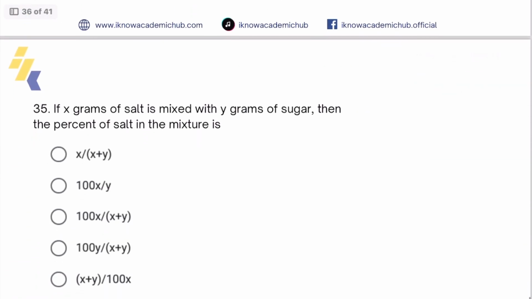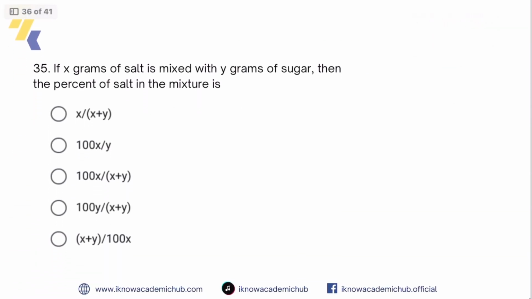Ayan. So, let's proceed to the next problem. If x grams of salt is mixed with y grams of sugar, then the percent of salt in the mixture is. Ayan. So, we have percent salt is equal to salt over salt plus sugar times 100 kasi naka-percent.